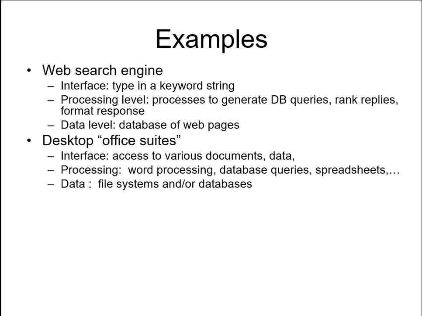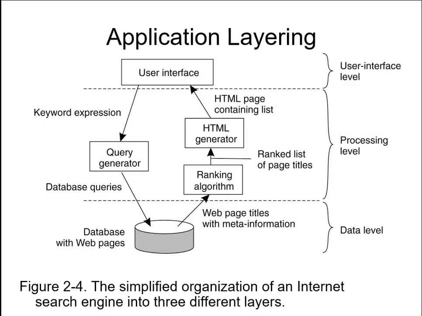Another example is desktop office suites. The interface is for accessing various documents, processing is word processing, database queries, and spreadsheets, and the data is in file systems or databases. So these are examples of the layer based client server approach.